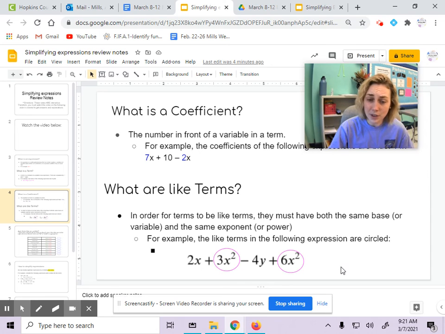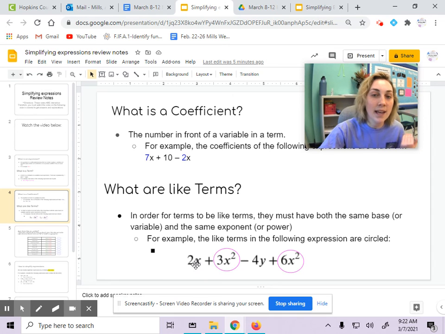the two terms that are like terms. The only two that are like terms here are 3x squared and 6x squared, because they have the same variable, which is x, and that variable has the same exponent, which is 2. So 2x is not a like term because it might have the correct variable, but it doesn't have the correct exponent.